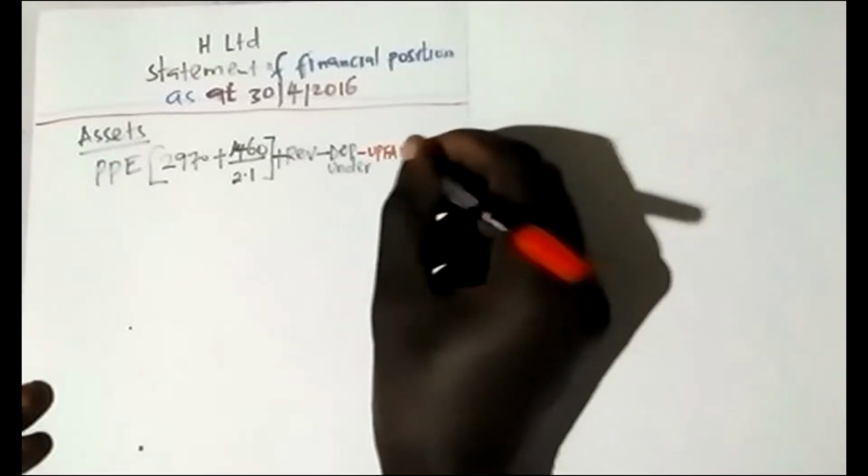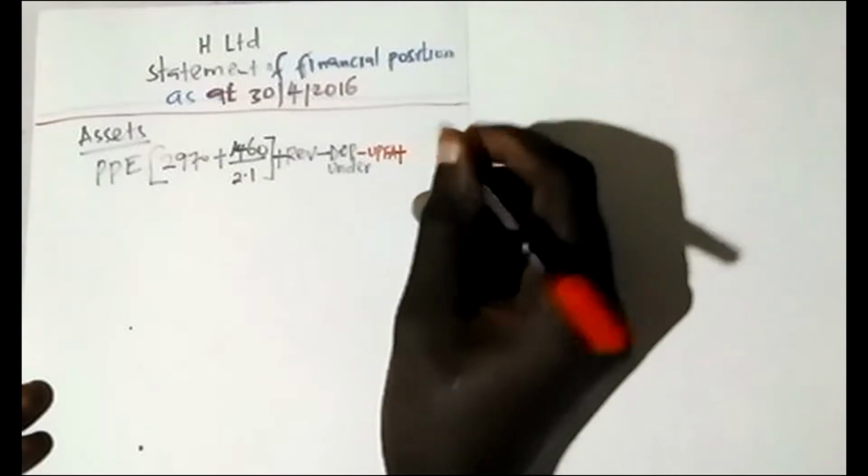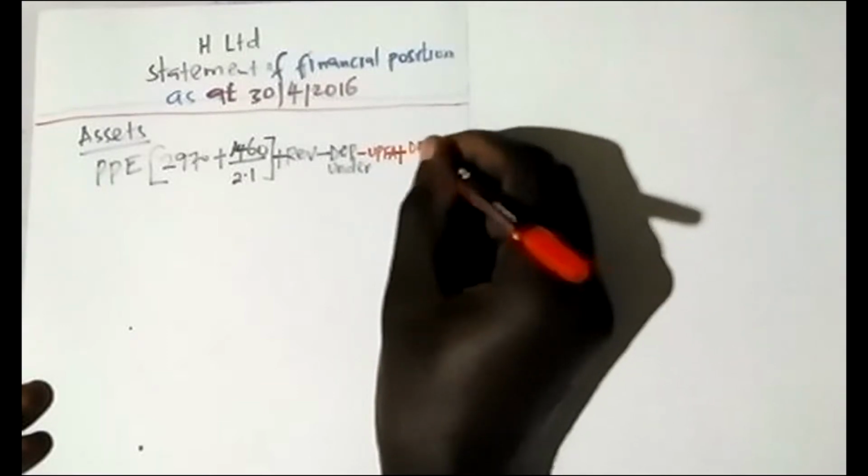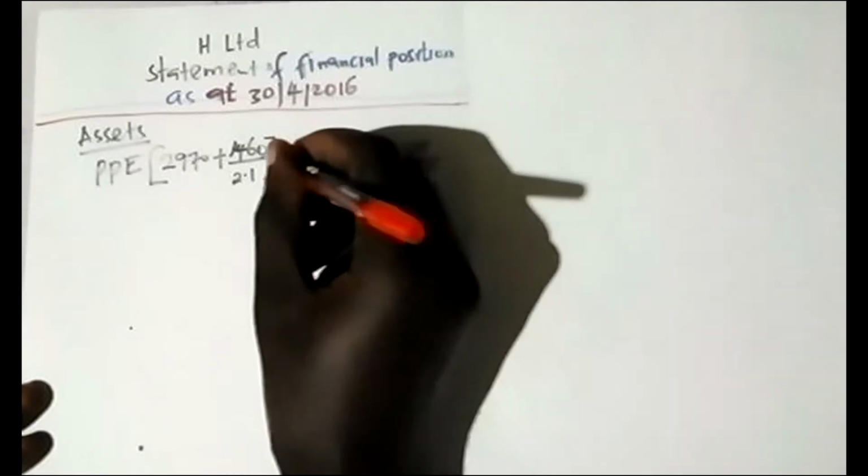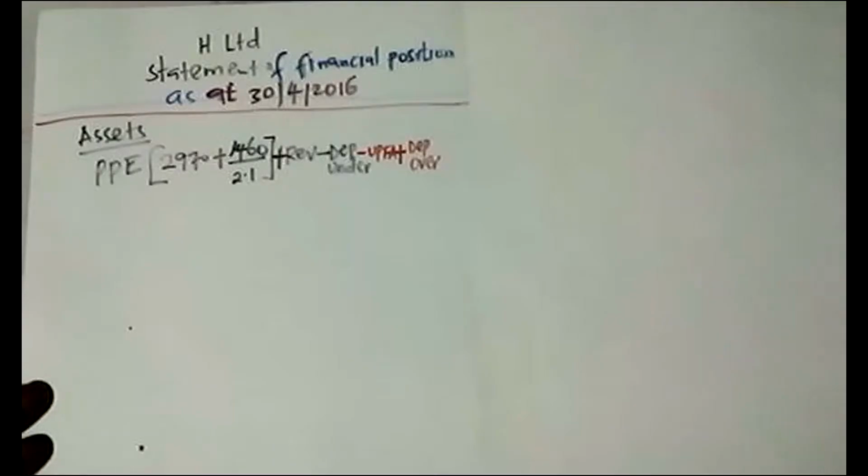Then you add depreciation overcharge. So add revaluation, because revaluation will increase the value of the asset. Then minus depreciation undercharge, because obviously the value of revaluation initially had not been subjected to depreciation. That's why we get the depreciation undercharge, we minus. Minus, and here is profit on fixed asset, then add depreciation overcharge.